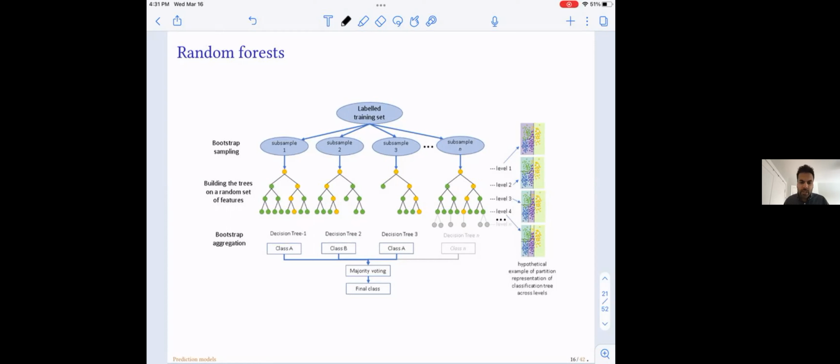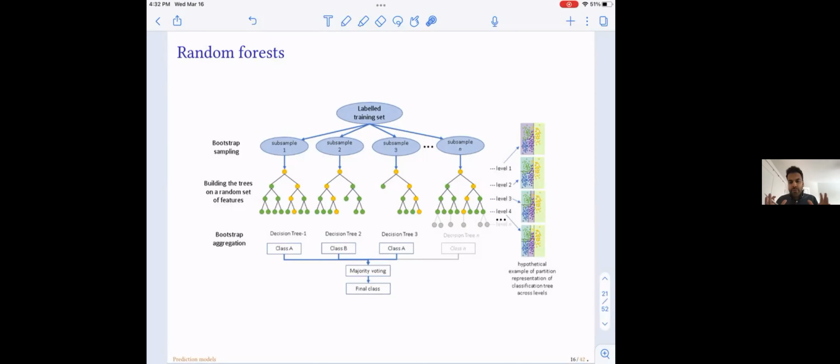Very briefly, here is how random forests work. You start with your data set and you create what we call bootstrap samples. Bootstrap samples are just sampling the rows in your data set with replacement, and you can do this many, many times. For each subsample, you build what we call a classification and regression tree, or a decision tree. Each tree will be a little bit different because it's based on a different data set from your original one.